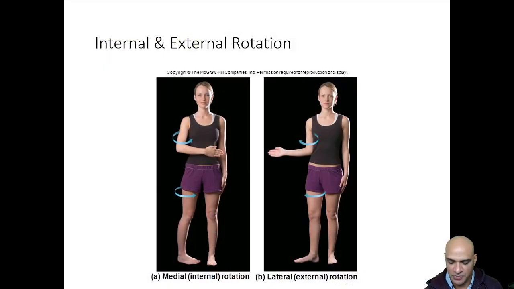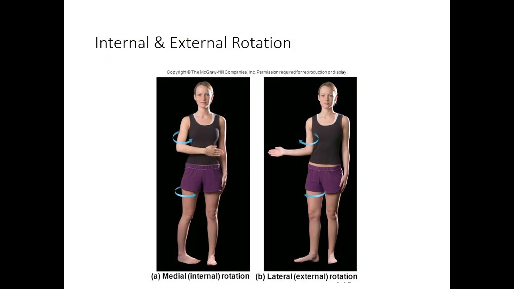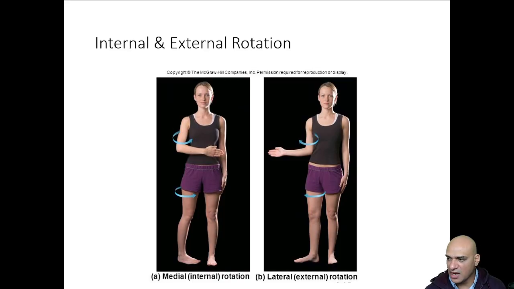If I were to move it out like this, it's called shoulder horizontal extension, which is also called shoulder horizontal abduction. So those were the movements which are possible in the horizontal plane or the transverse plane.